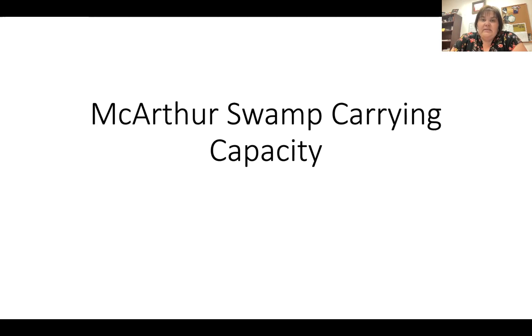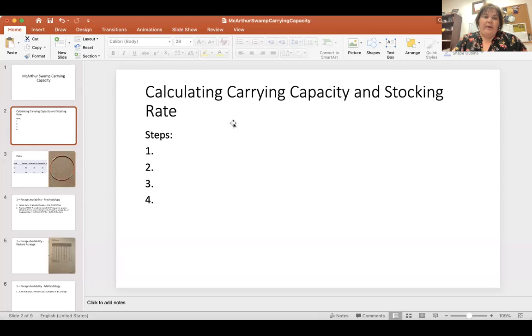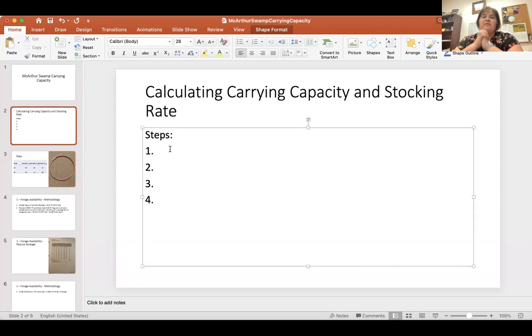Okay, so to get started, I went through this exercise this morning, just to make sure that I was on the right track and had the right values. So let's review really quickly. And this is the part where you guys are going to tell me what is the first step to calculating a stocking rate or a carrying capacity.